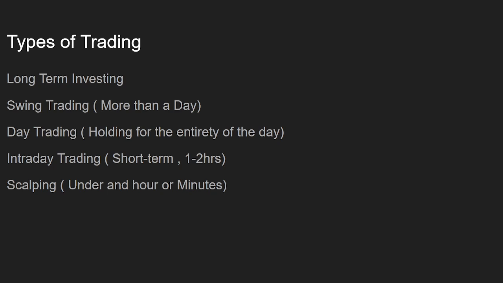So these are different types of trading when it comes to the time frames of what you're looking for to buy and hold. Some of these can be based off of your psychology, your personality, and your portfolio and things like that for personal goals.